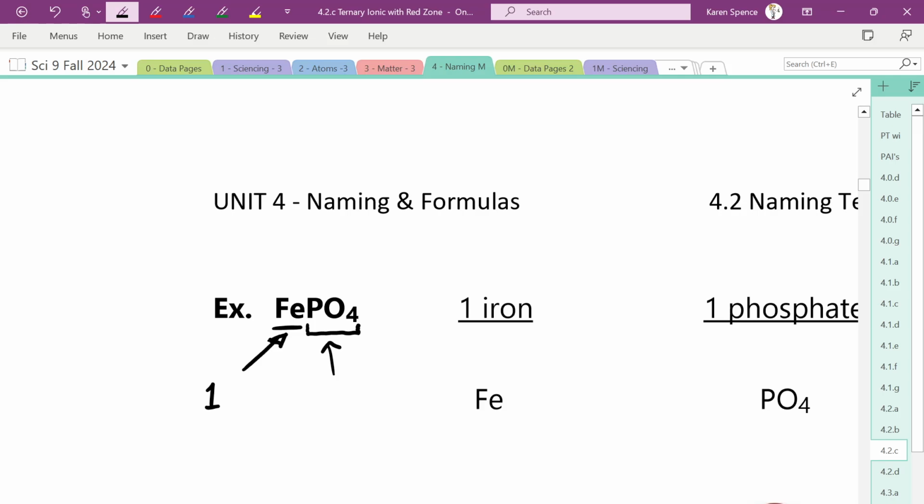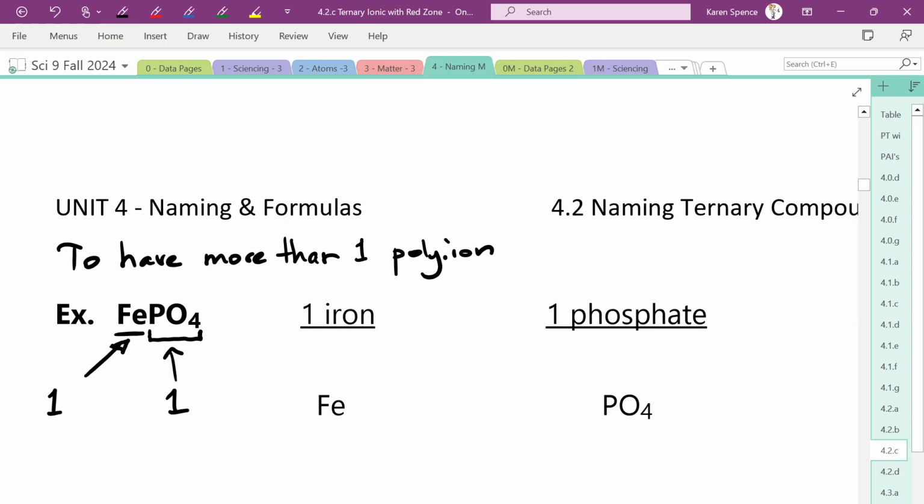Is there one or is there 4? There's just one. If we had more than one, it would have to be in brackets. To have more than one polyion, I'm just going to call it a polyion, it must be in brackets.